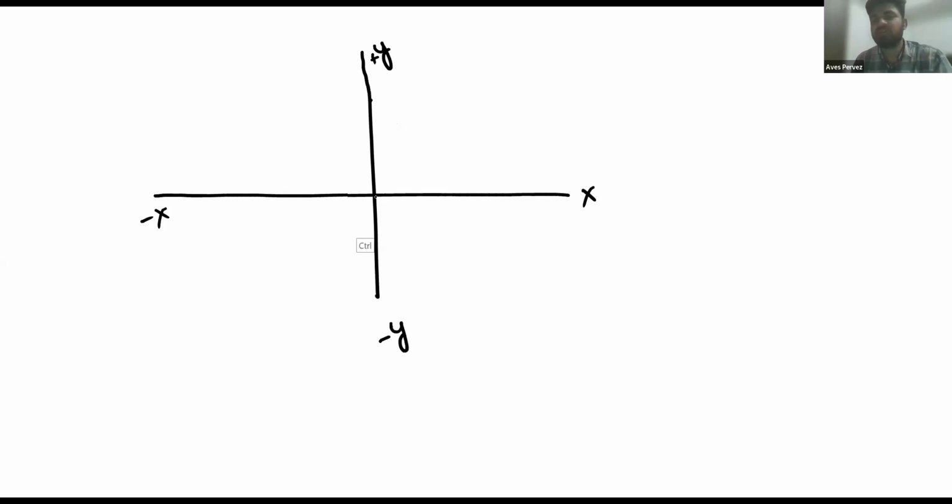This is arbitrarily chosen: we keep the lens, mirror, or any instrument that we are using along the y-axis.